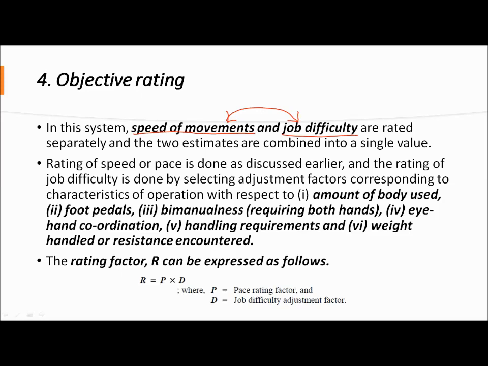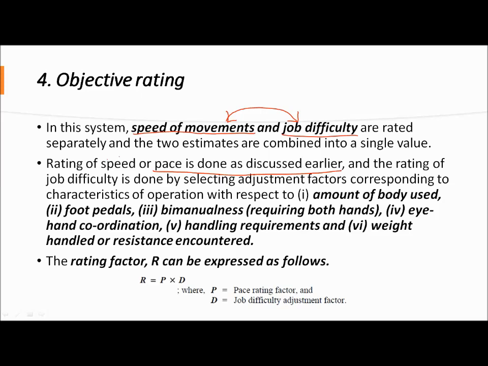The speed rating you already saw as the first kind of performance rating, so the idea is the same here. The rating of speed or pace is done as discussed earlier. We already discussed that in the first slide.